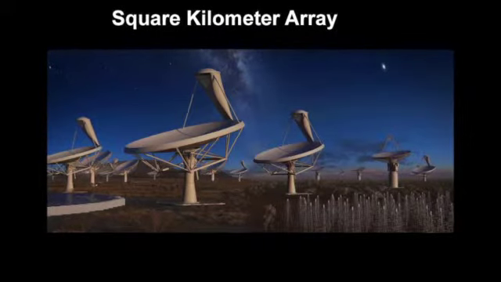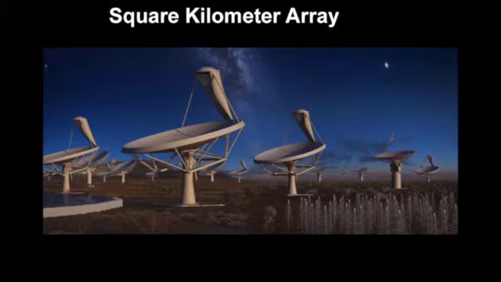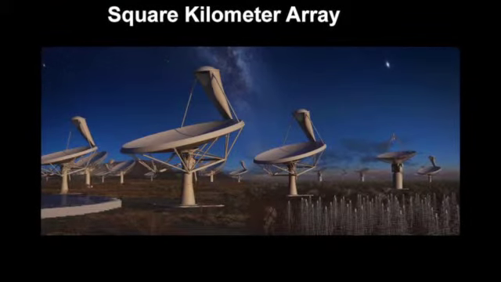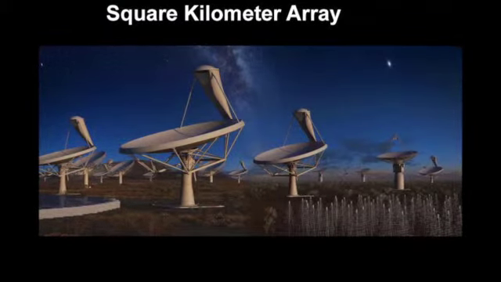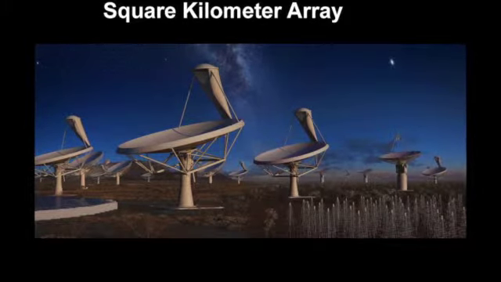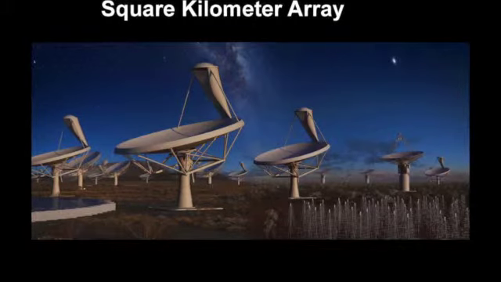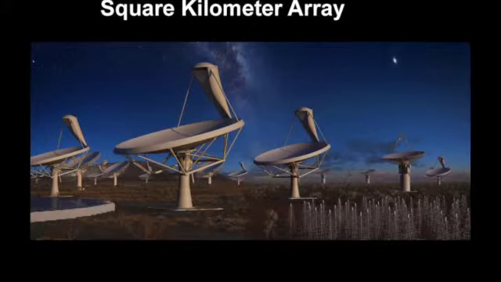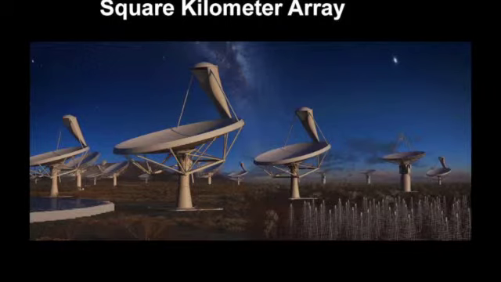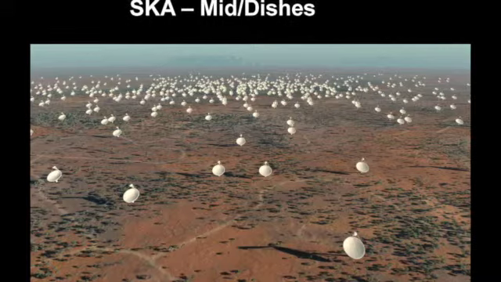It goes slightly up in frequency, and this is just the radome that covers it, and you could have up to say 11,000 elements underneath one of these. And then the third element is this dish element. And the dish element is the one that's coming to South Africa in the first instance, and that's the one that MeerKAT will be incorporated into.